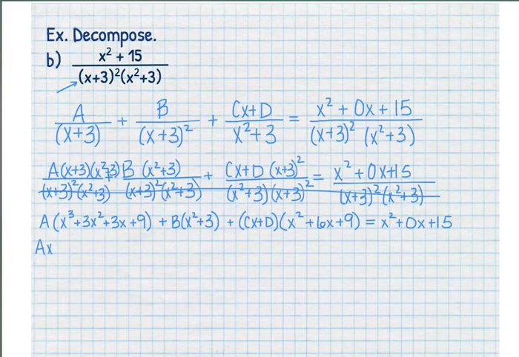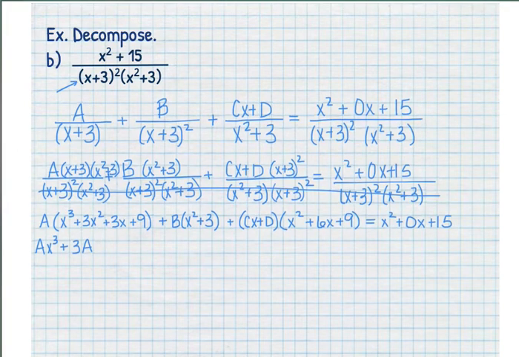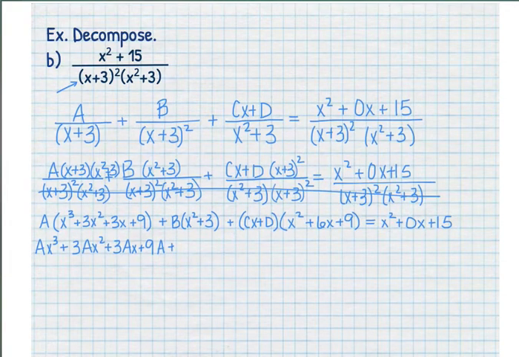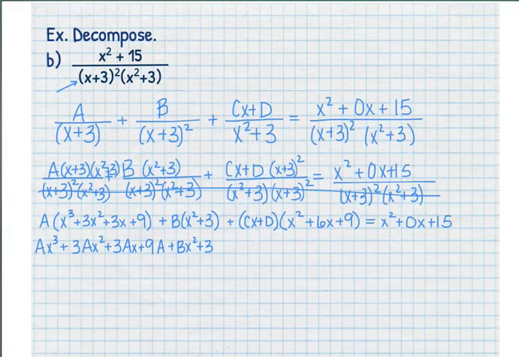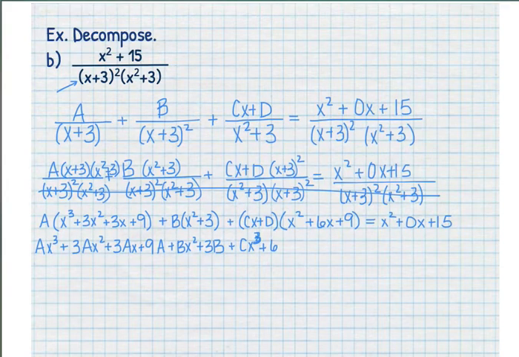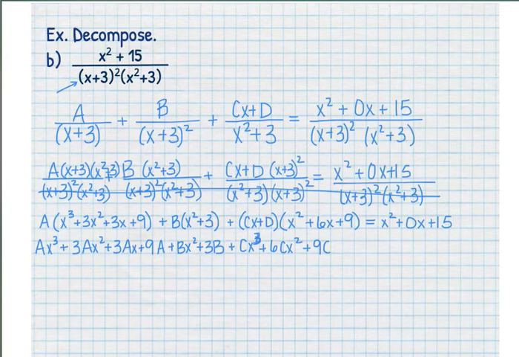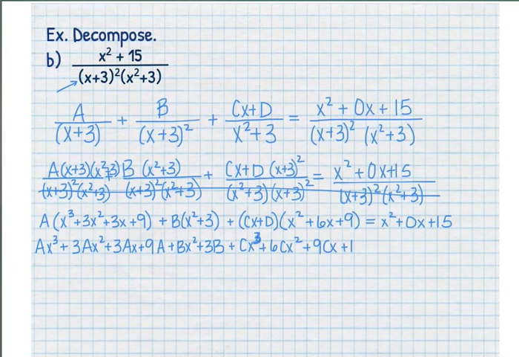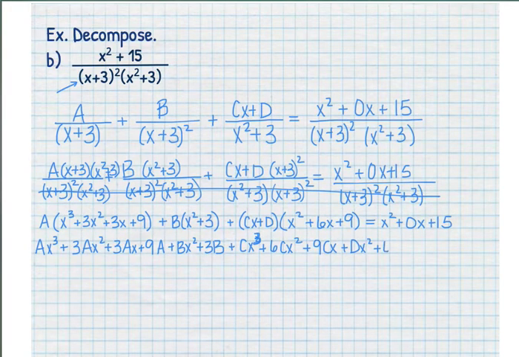So we have ax cubed plus 3ax squared plus 3ax plus 9a plus bx squared plus 3b plus cx squared, x cubed plus 6cx squared plus 9cx plus dx squared plus 6dx plus 9d equals x squared plus 0x plus 15.